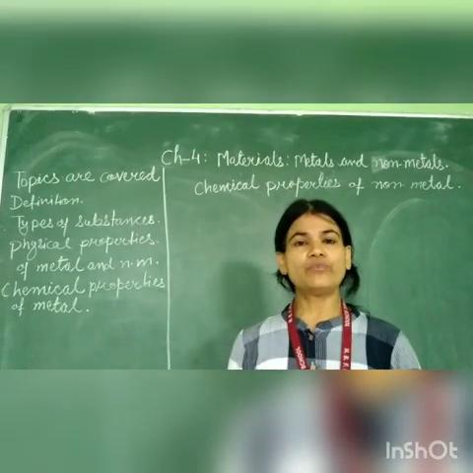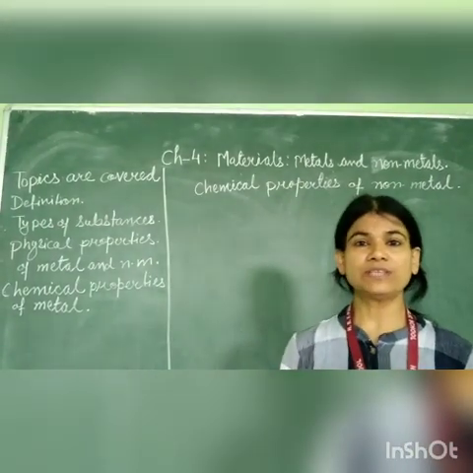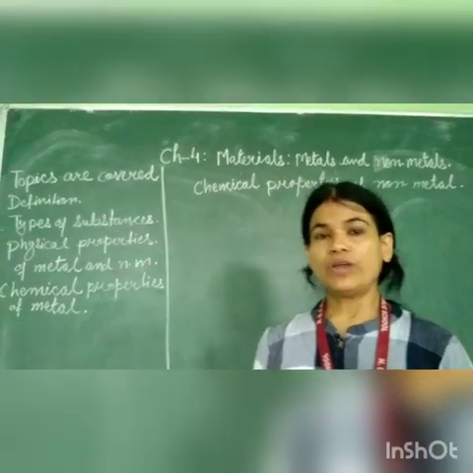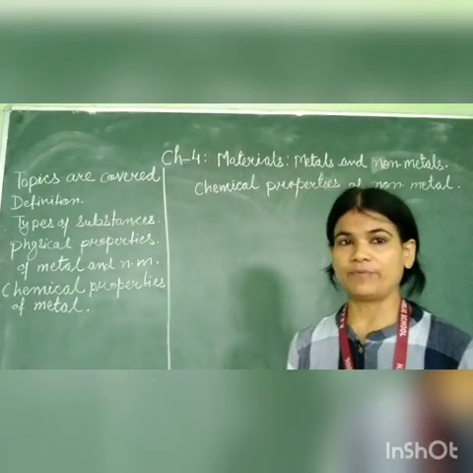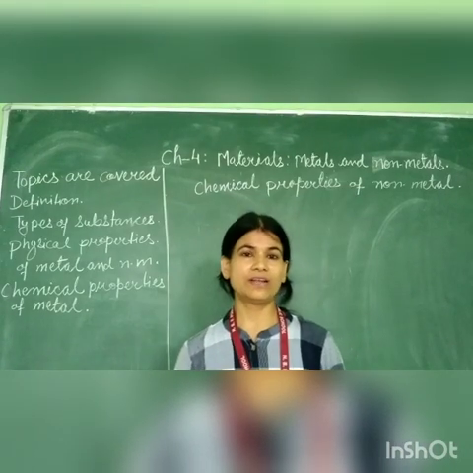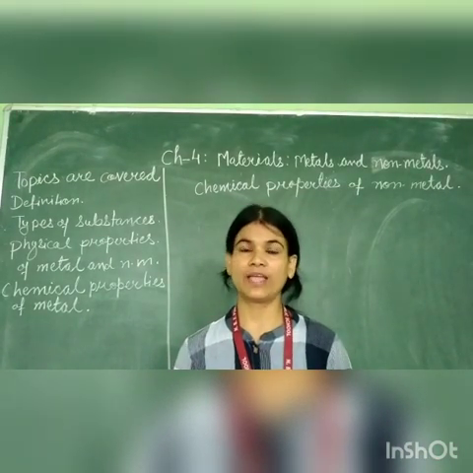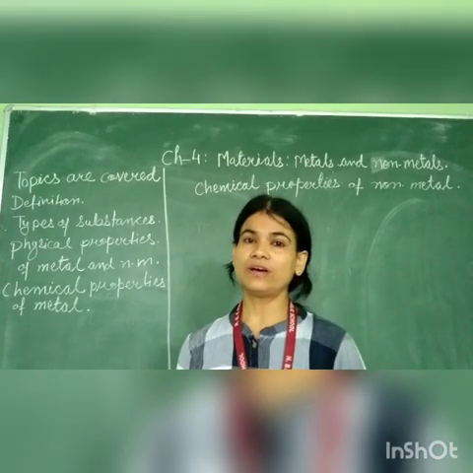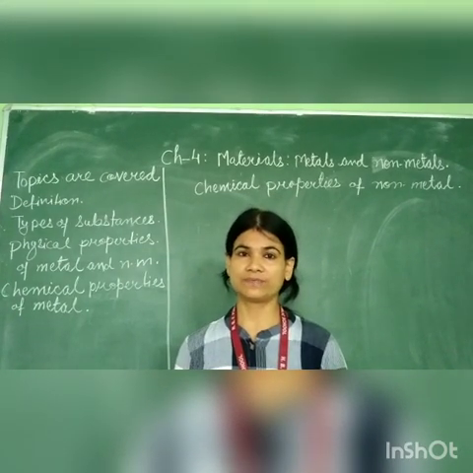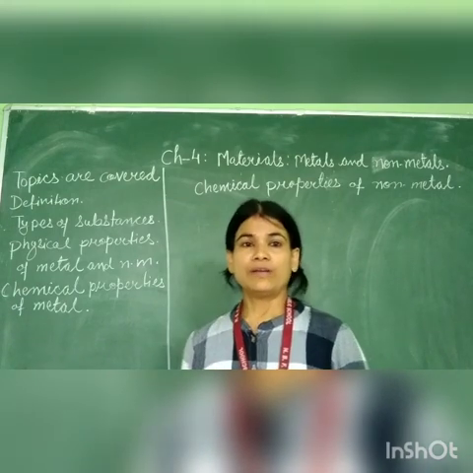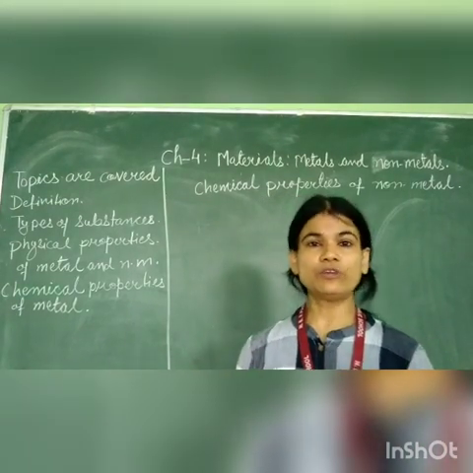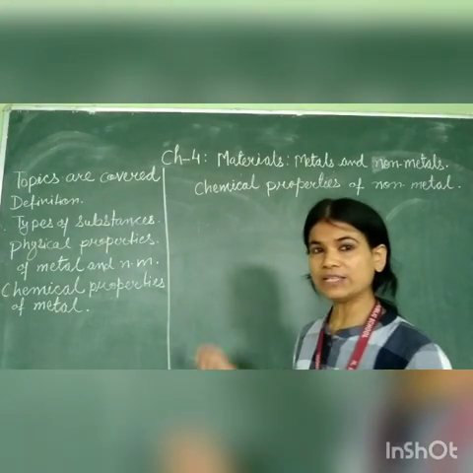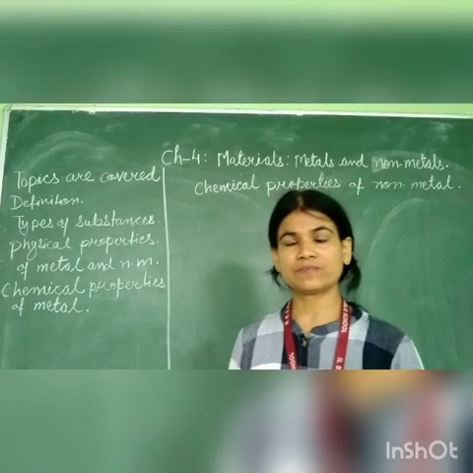There are around 118 substances, meaning elements, on the earth. Out of these 118, around 95, not exact, 95 are metals, and the remaining 23 or 22 are the non-metals and the metalloids. According to the numbers, metals are more than non-metals.